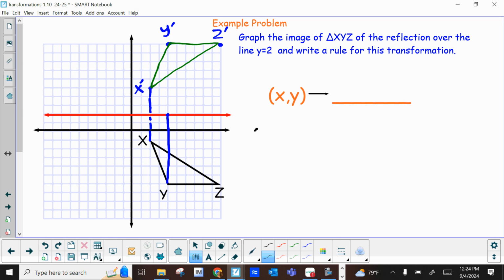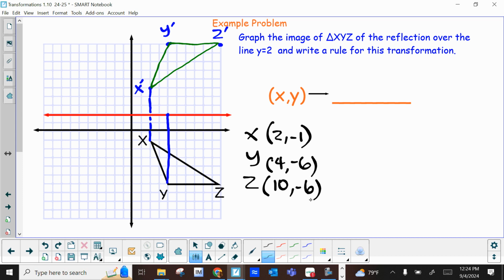So we need to write down all 3 letters and really investigate and see what's happening here. So x is at 2, negative 1. Y is at 1, 2, 3, 4, 2, 3, 4, 5, 6. 4, negative 6. And then z is at 10, negative 6.